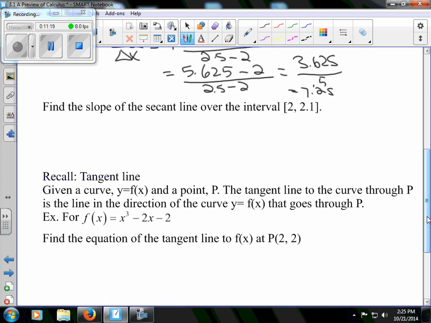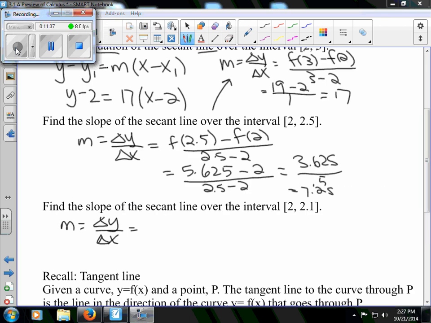Now, we're doing the slope of the secant line again from 2, but now to the point 2.1. Notice this x value is still closer to 2. All right, so as I compute my slope, that's change in y over change in x. Okay, so we have a mistake here.